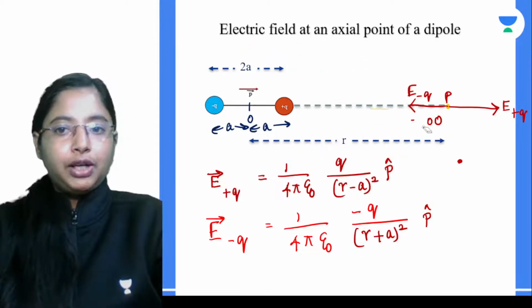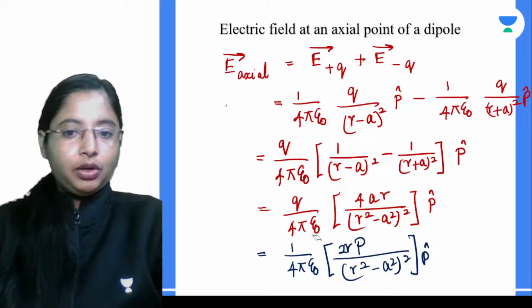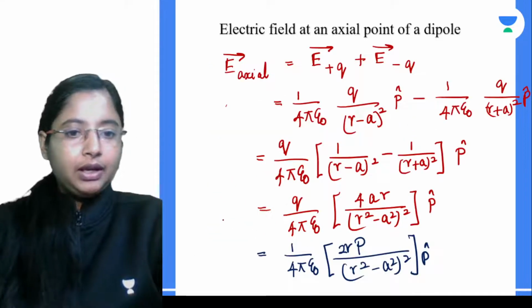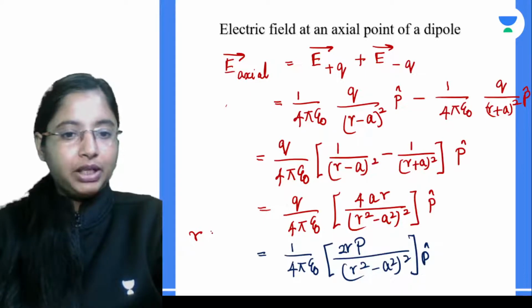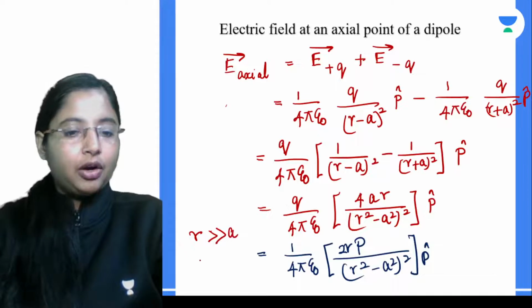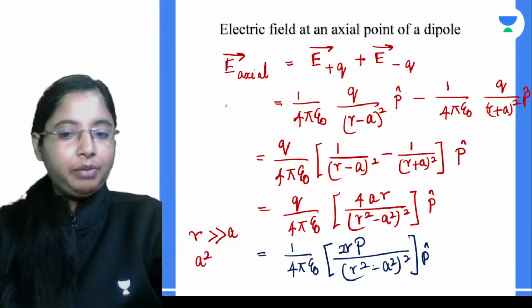So we are going to take one more assumption over here. We are going to say when R is extremely larger than A, this term A square can be neglected.